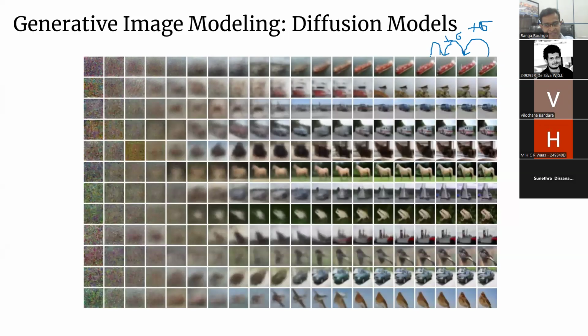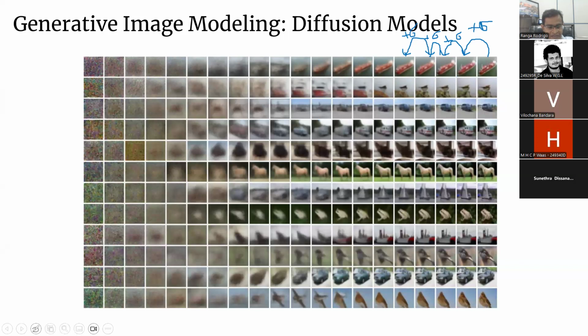Again, add noise to the image. Again, add noise to the image. Now you can see the original image is there, noisy image is there, at each step.